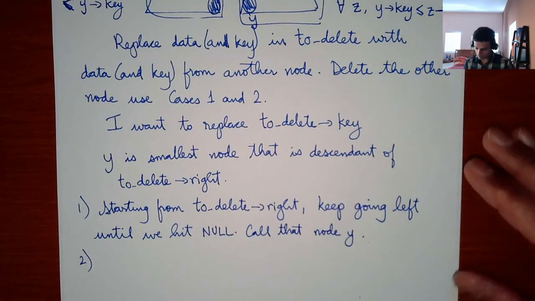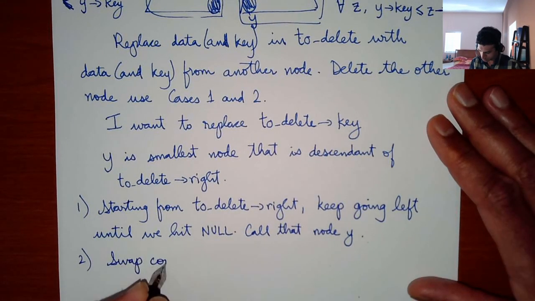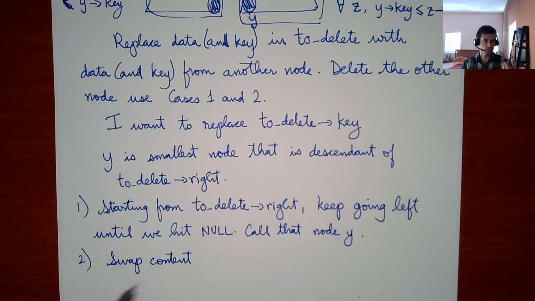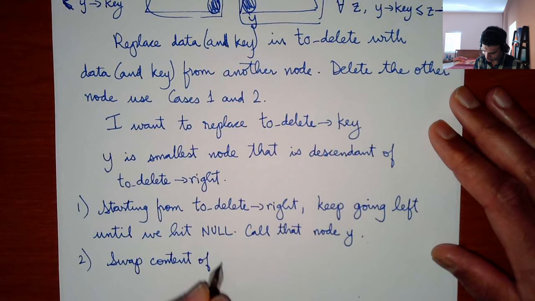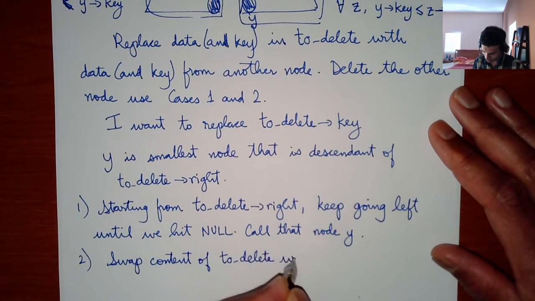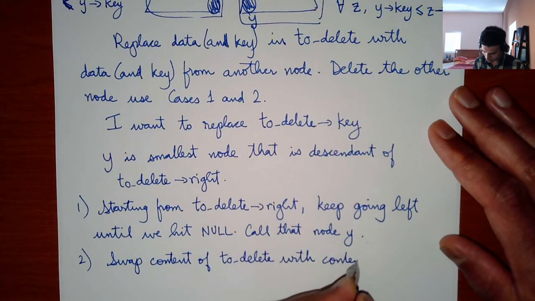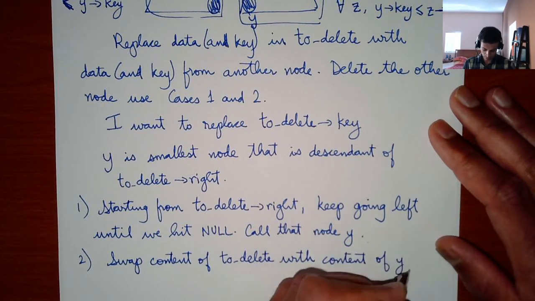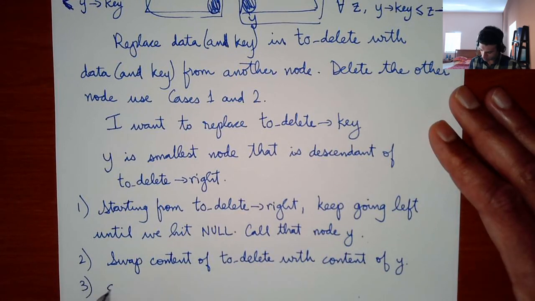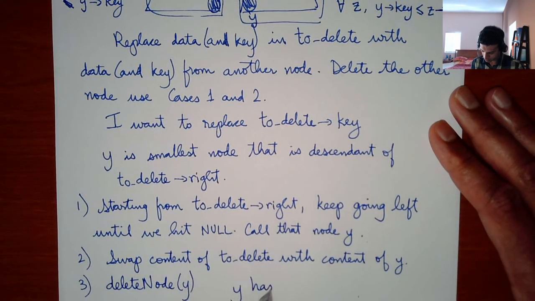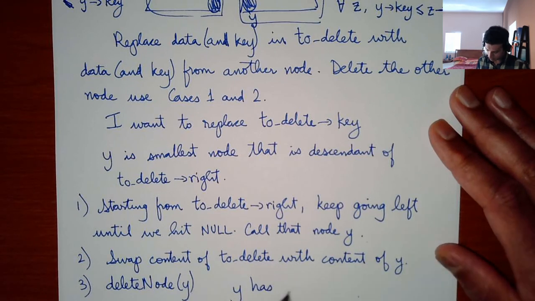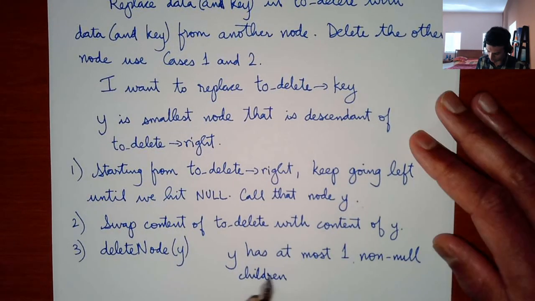Then we'll do a swap. So we'll swap the content, which is the key as well as the data, of to delete with the content of Y. And then we just call delete node on Y. The key is that Y has at most one non-null child.